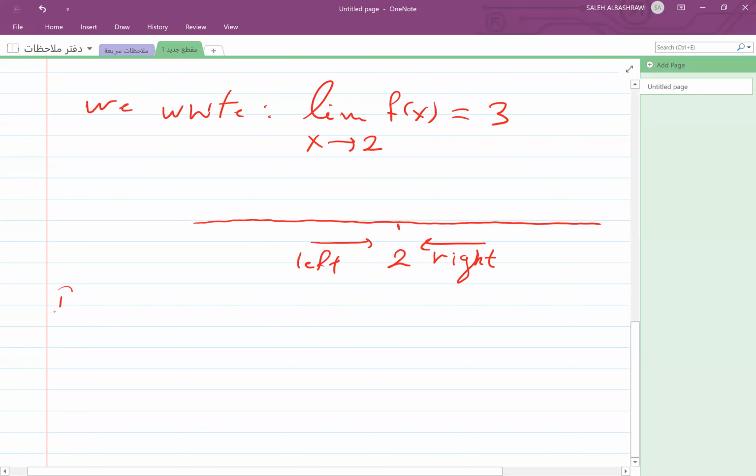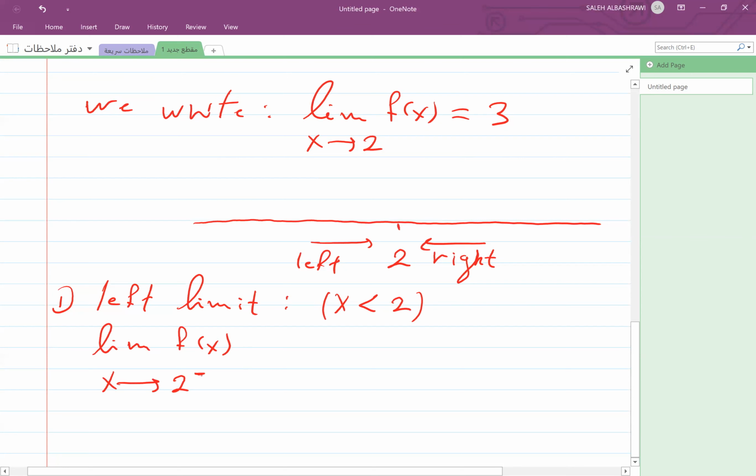Number 1, we have the left limit for the function. Left limit means x approaching the number 2 from the left. X is going to 2, and we write it as limit of f of x as x approaches the number 2 minus, where the power minus means we are approaching the number 2 from the left.